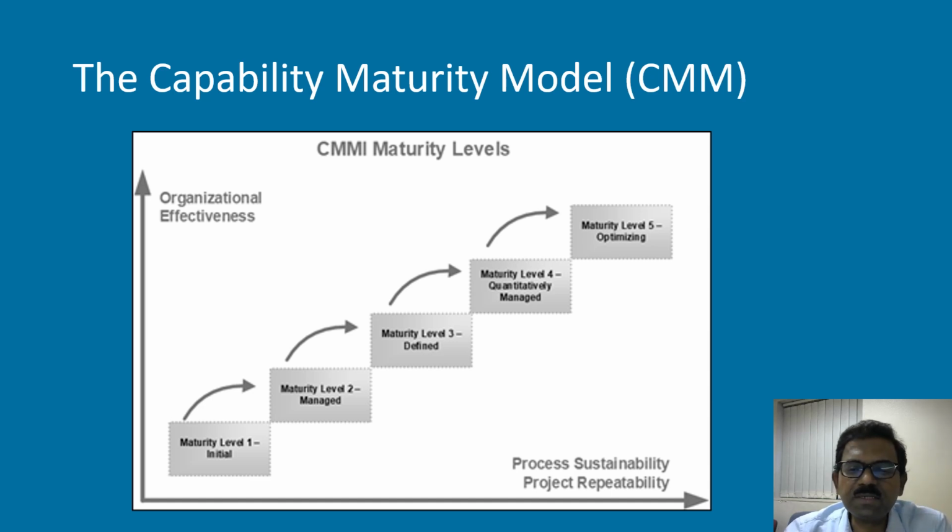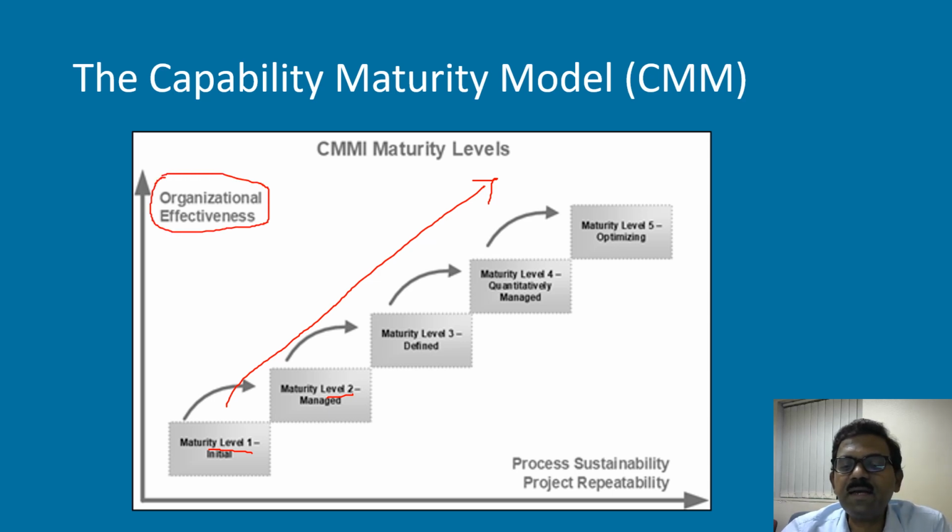You can see a plot where the x-axis talks about process sustainability and project repeatability. The boxes here are different maturity levels: maturity level 1, 2, 3. As you move ahead, the maturity goes higher and better, in terms of organizational effectiveness.